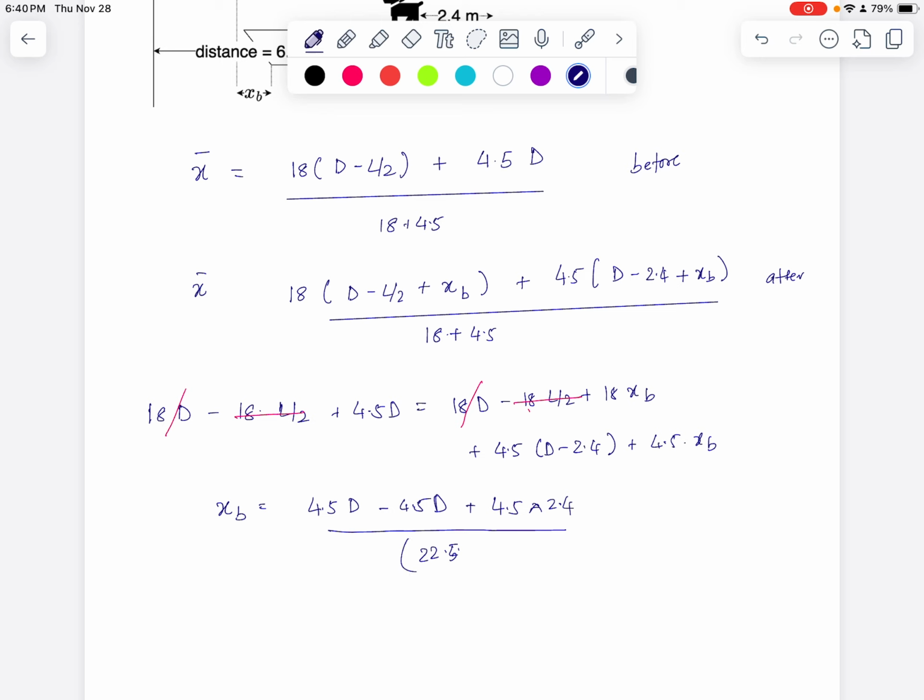So that's what it is. It's basically 4.5 times 2.4 divided by 22.5.